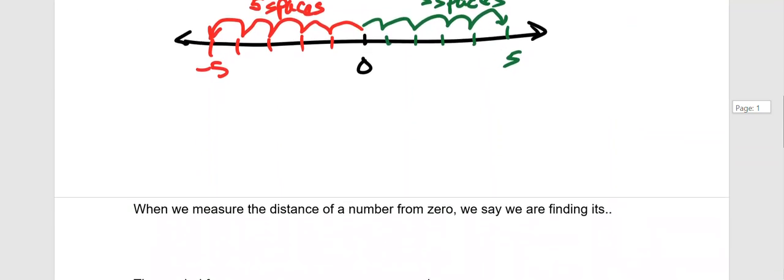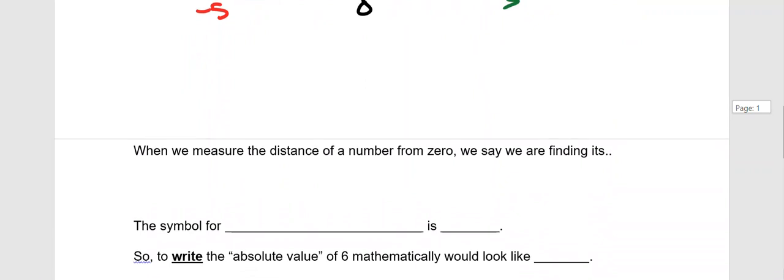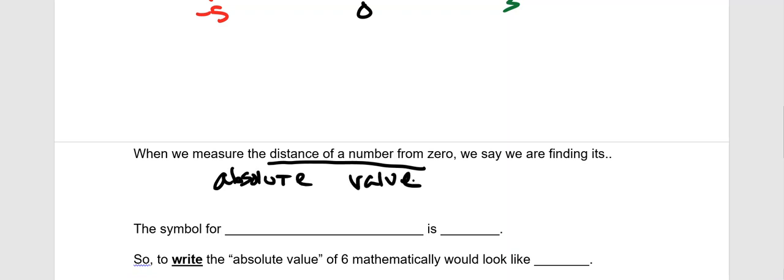Okay, so this gets us into our discussion on actually measuring a number's distance from 0. Measuring the distance of a number from 0, we say we are finding its absolute value. So to find the absolute value of a number means to find its distance.